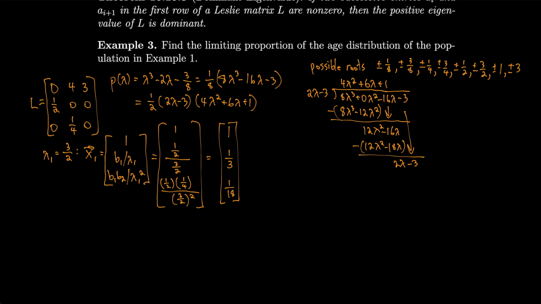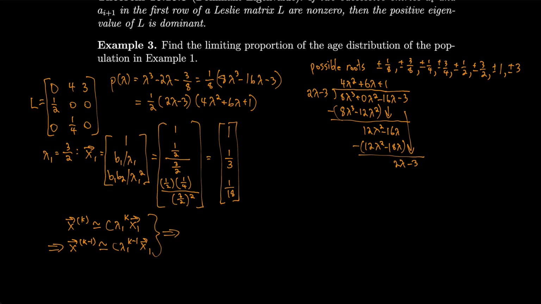So that means that in general we have xk is about c times lambda 1 to the k times x1, and this tells us that we have, in general, xk minus 1 also approximately equal to c lambda 1 to the k minus 1 times x1.